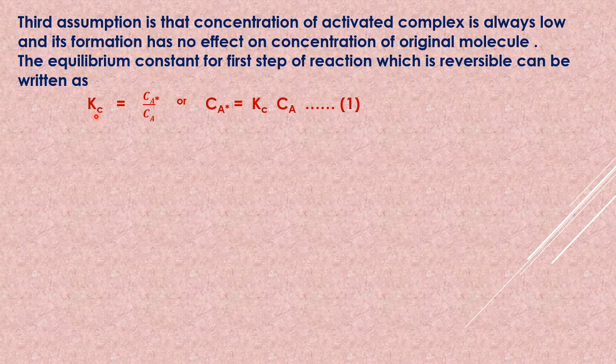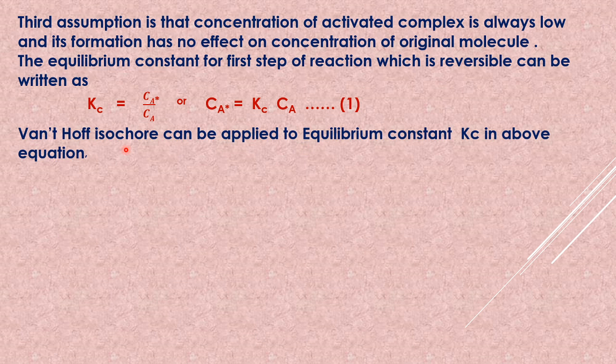Kc is equal to the concentration of activated complex A star divided by the concentration of reactant molecule A, or the concentration of A star is equal to Kc into Ca. Here Kc is the equilibrium constant and Ca is the concentration of A. Say this is equation number one.